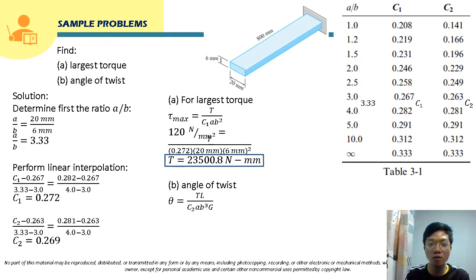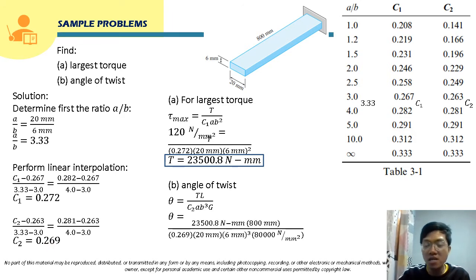Now, for the angle of twist, class, the formula for a rectangular cross-section is TL over C2 times A B cubed times G. C2 here, we already solved for this coefficient, and the value is 0.269. So the only unknown is theta, since we already solved for the torque T. Solving for the angle of twist, this will be equal to T, which here is 23,500 Newton millimeter.